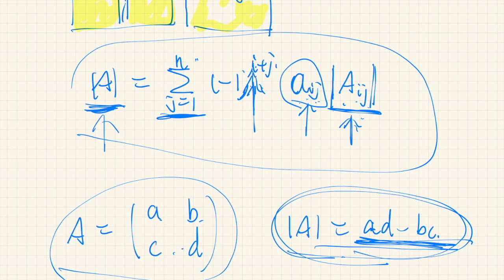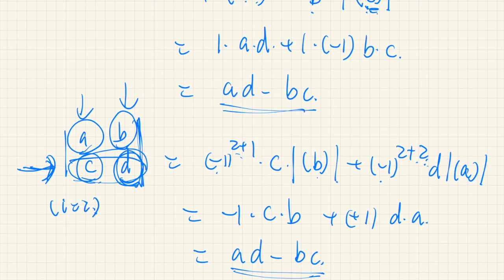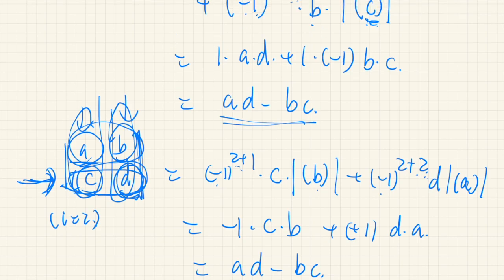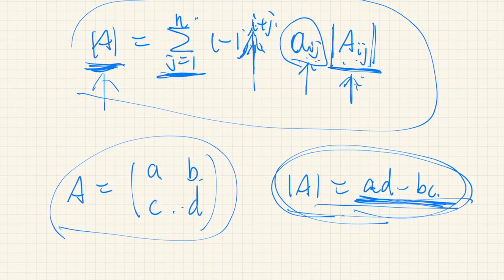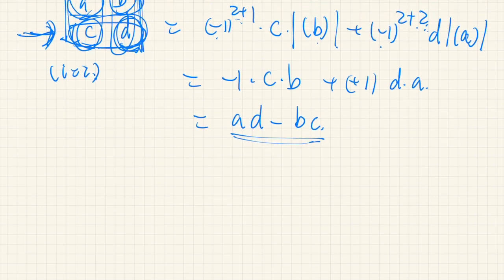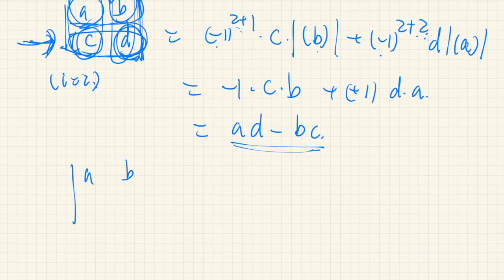That means instead of picking a row arbitrarily, we can pick a column arbitrarily, but the same definition applies. So let's do that. A, B, C, D. Let's pick this column, so j is fixed to 1, and the row index i runs from 1 to 2.